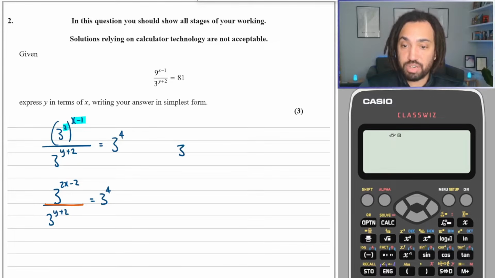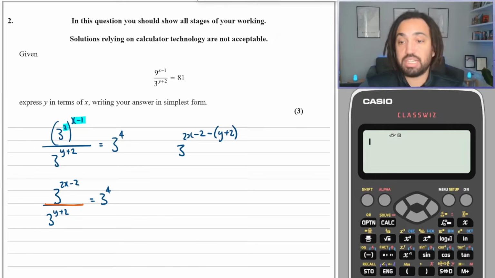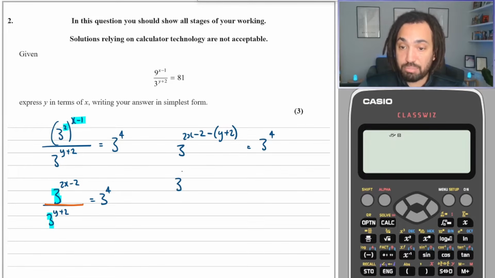So this becomes 2x minus 2 minus y plus 2, and that's equal to 3 to the 4. So when we divided these 3's right here, we've had to subtract their powers. Okay, so let's simplify that up a bit. That becomes 2x, there's a minus y there, and we have a minus 2 minus another 2, so minus 4.